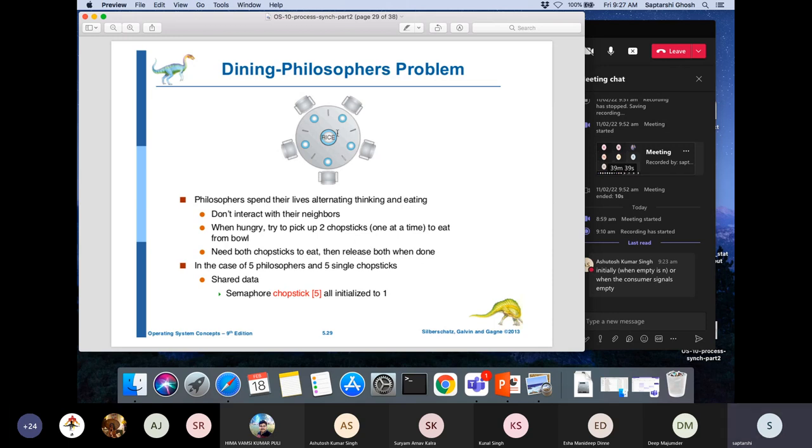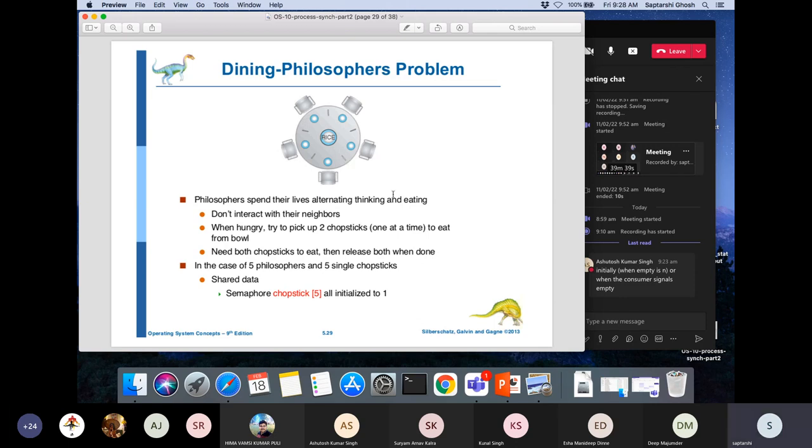So when a philosopher wants to eat, they have to pick up 2 chopsticks, one at a time, to eat from the bowl. There are 5 people sitting with 5 bowls of rice in front of them, and there are 5 chopsticks only available.